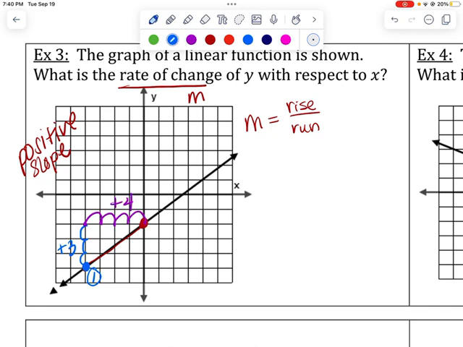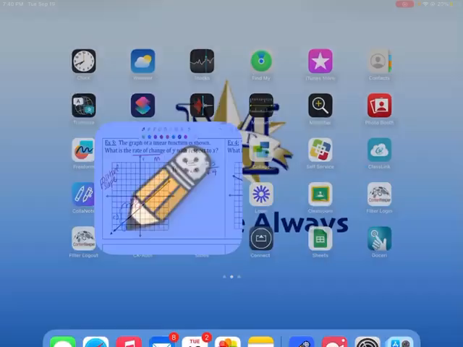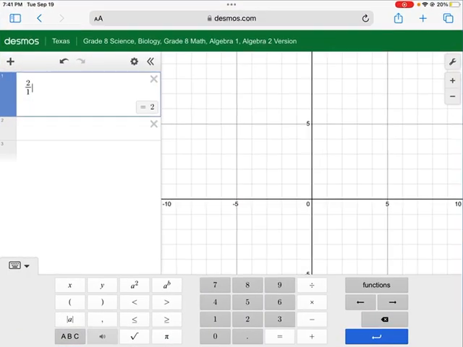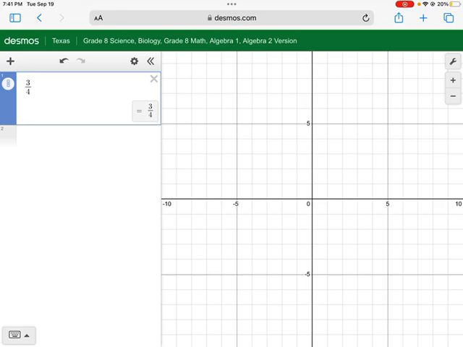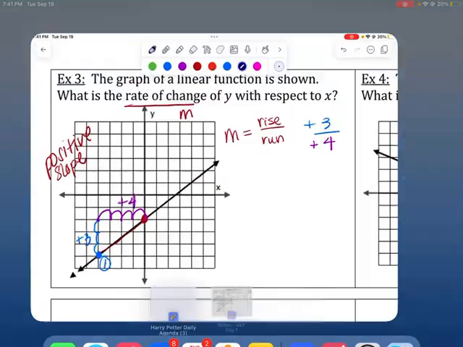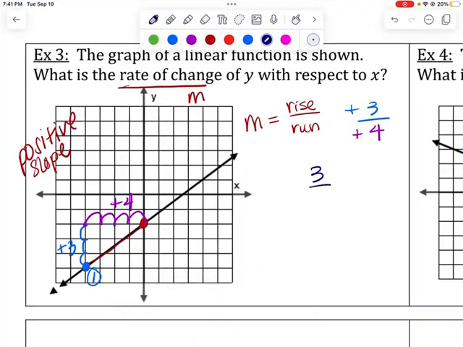So up 3. To the side, 4. 3 over 4, does that get any smaller? If I don't know, I'm simply going to put those in decimals. 3 over 4. 0.75, convert that to a fraction, and that is 3 over 4 still. Okay, cool. So my slope, my rate of change is equal to 3 over 4.